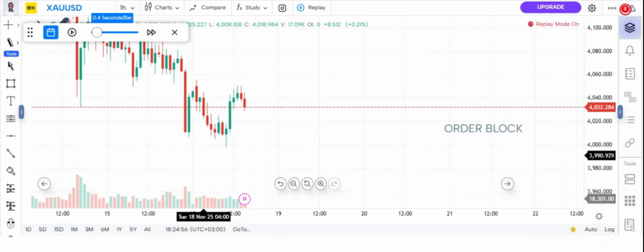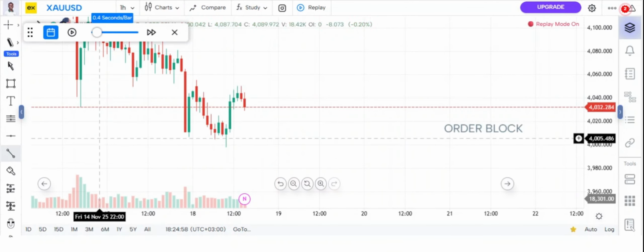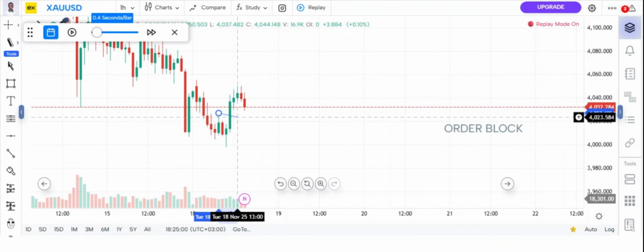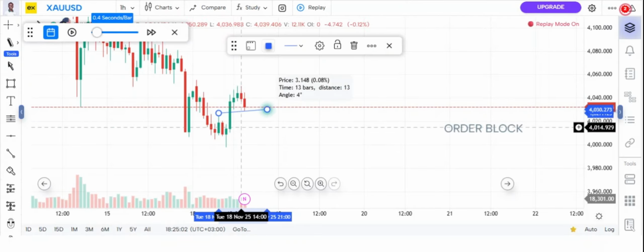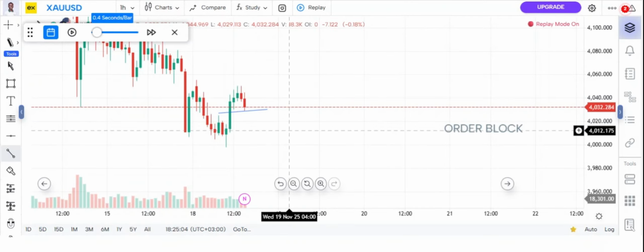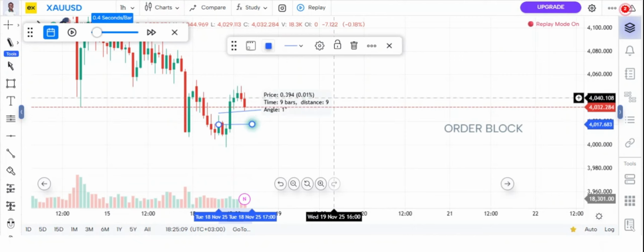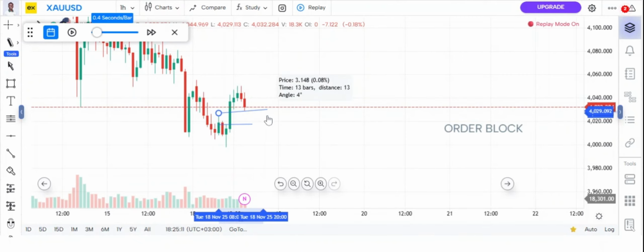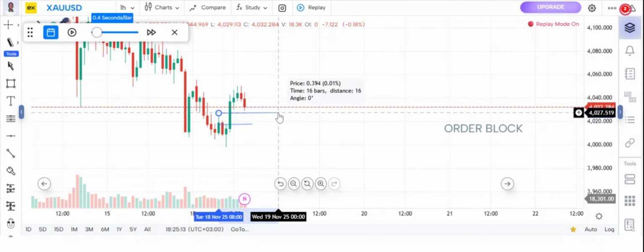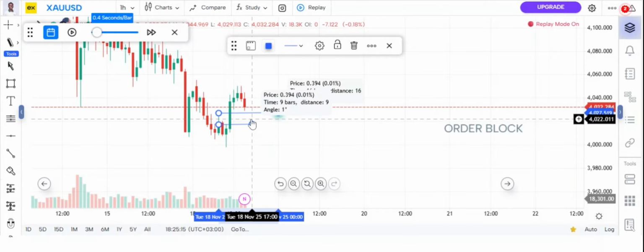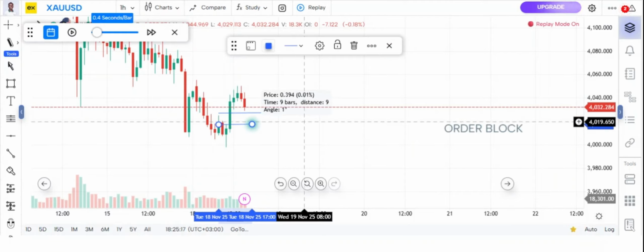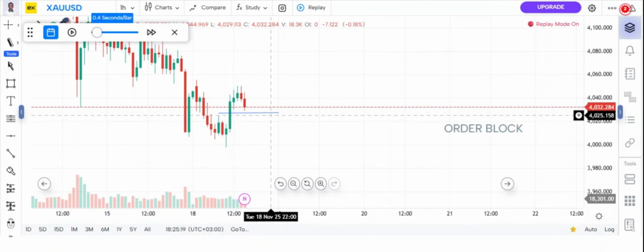Another criterion we're going to follow is that it is supposed to have a gap, like a fair value gap, but let's just call it a gap for our case. If it is missing that gap, it fails to be a valid order block. If these criteria are met, we have an order block there.